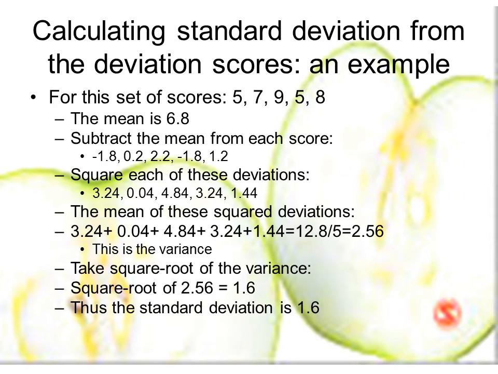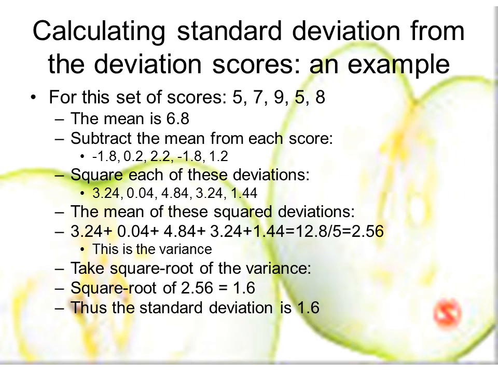For each of those scores, in order to get our variance, we square those deviations. If we square negative 1.8, we end up with 3.24. If we square 0.2, we end up with 0.04, and so on.